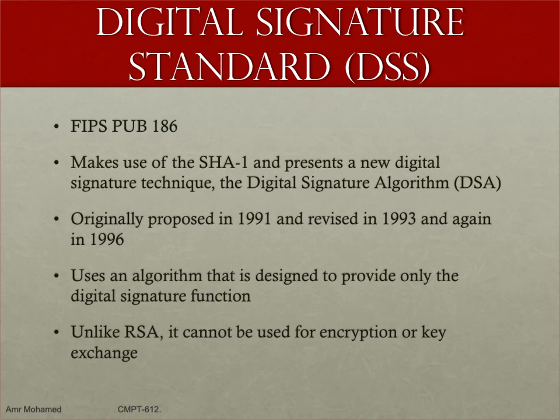So we take the message, we perform the hash, and the main importance of this hash is that it needs to have collision resistance. If you try to alter the message itself, the hash will be different, in which case I can detect this alteration easily, which means I guarantee message integrity.